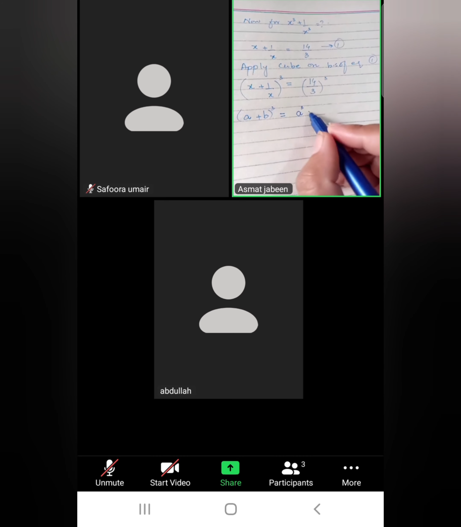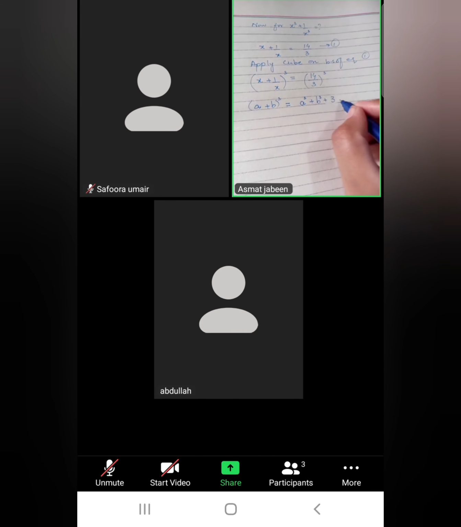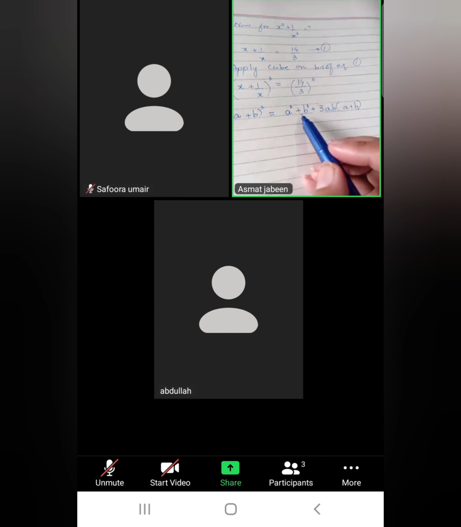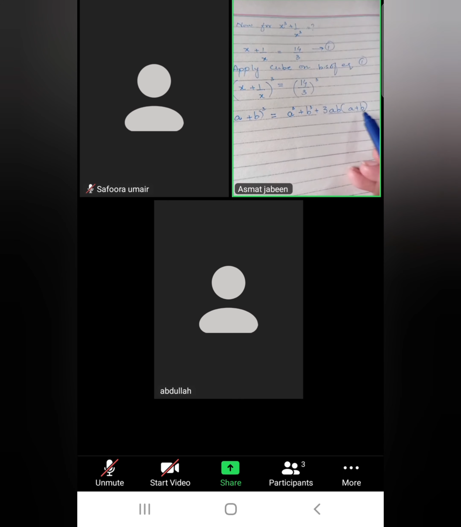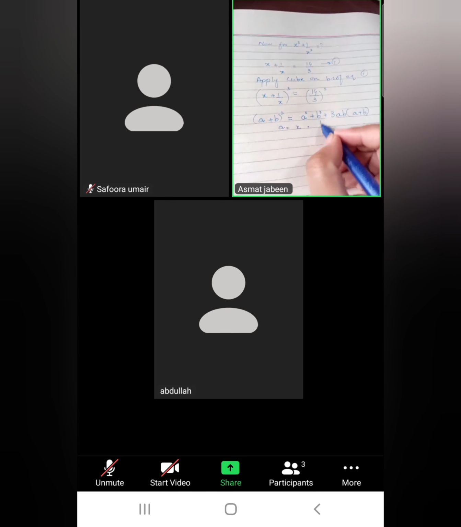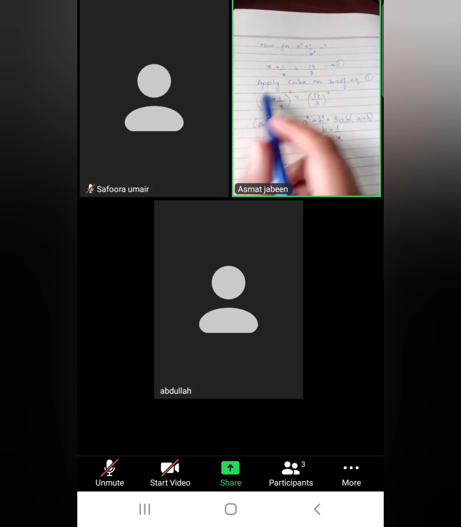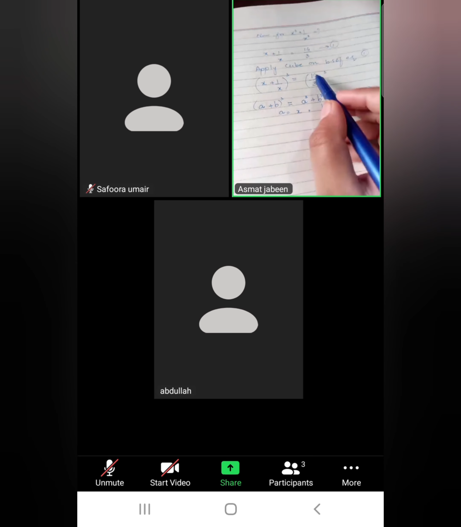It was a cube plus b cube plus 3 times ab into a plus b, where a is x and b is 1 by x. Remember, we just have to apply the formula on its left side. The closed form is given, we are going to put it in its open form. And 14 by 3, you will open its whole cube on the right side.